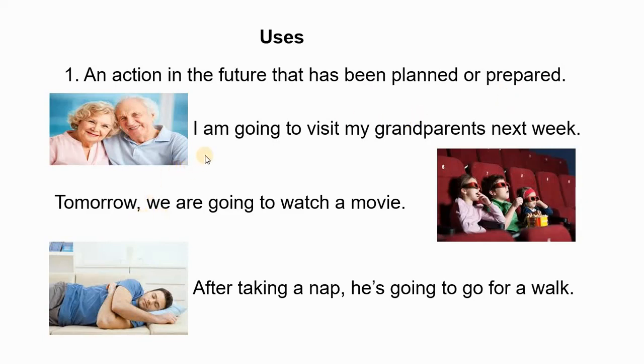Example here. I am going to visit my grandparents next week. So this is planned. We know that he or she's going to visit grandparents next week. So it's prepared.